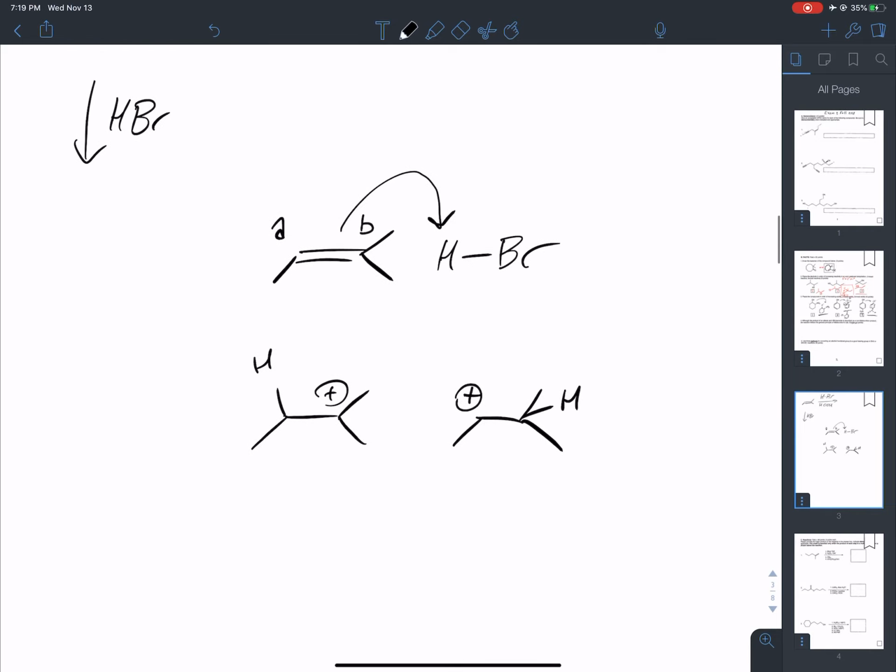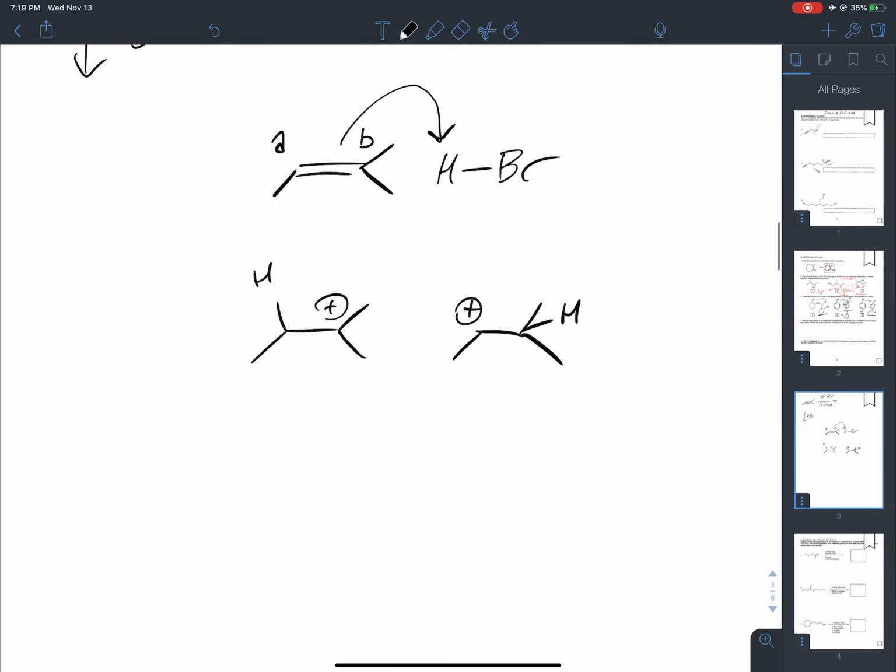This is without peroxides, so this is just HBr. All I'm asking is, which of these is more stable? Which are we going to choose? The left one, yeah, so we're going to choose the one on the left because that puts this positive charge on a tertiary carbon. So it's going to be a tertiary carbocation. On the right, we have a secondary.